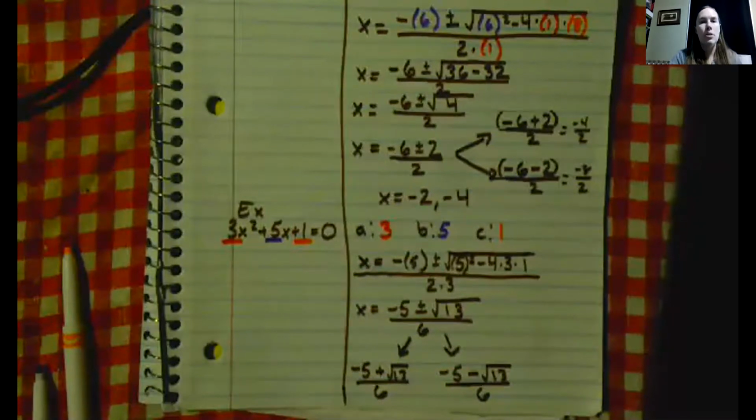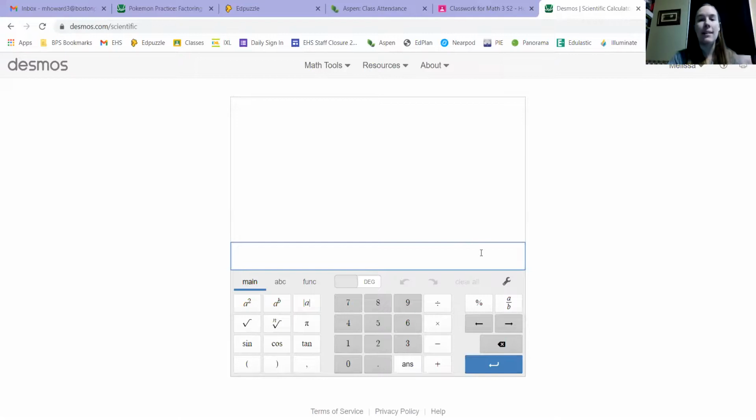What we're going to do is we're going to plug it in our calculator. So you have to use your Desmos calculator because that's how I'll be able to see, did you plug stuff in correctly? So as I was saying before, my entire top is going to be in parentheses. So I had -5 plus my square root button is right here, the square root of 13.